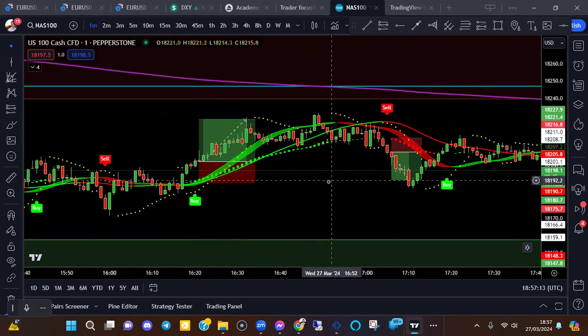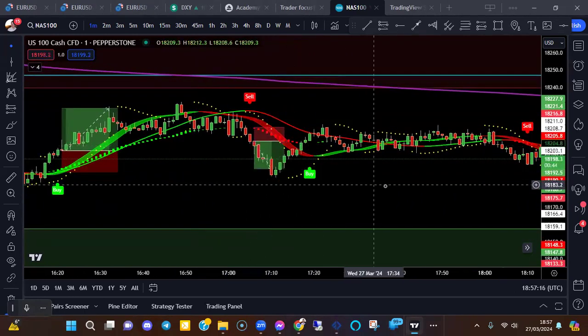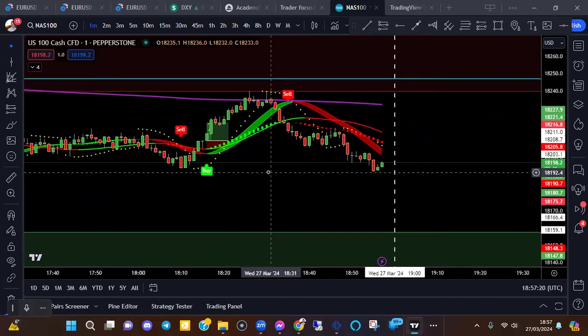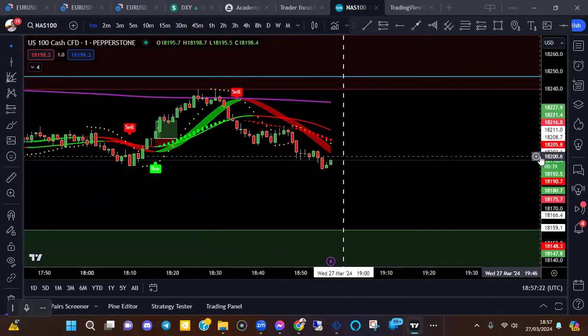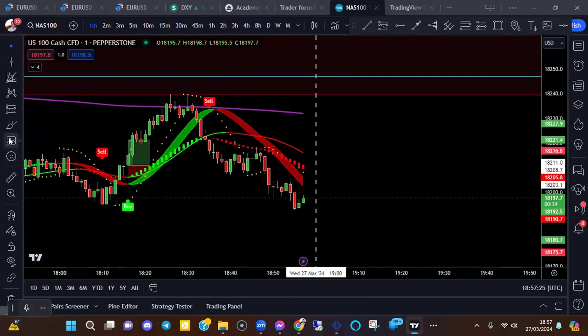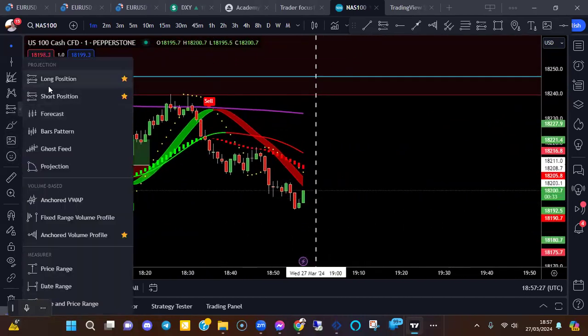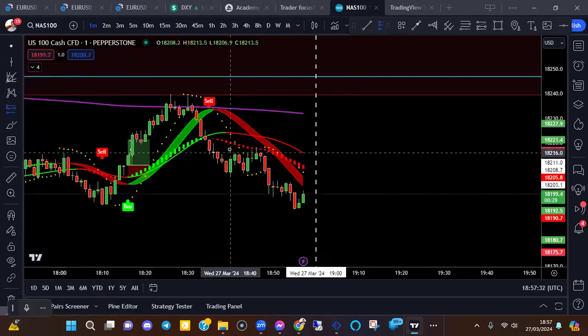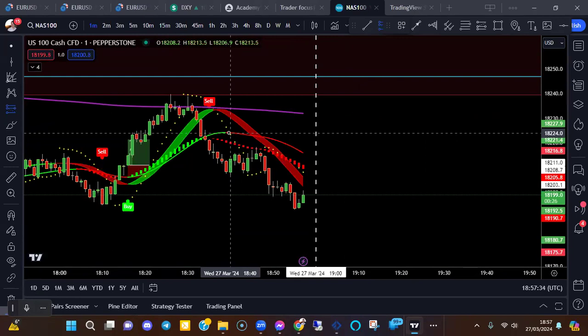There's 1 trade, 2 trades, 3 winners at the minute. Let's see how this one's doing. Short position. So you got in there where the trend line turned red, so you got red, red, red after the sell alert.